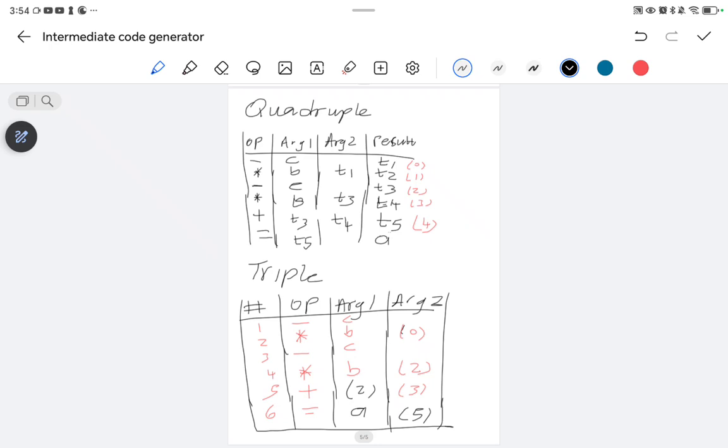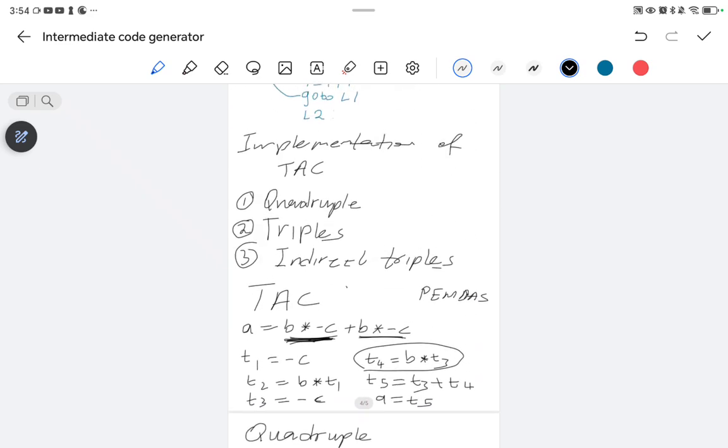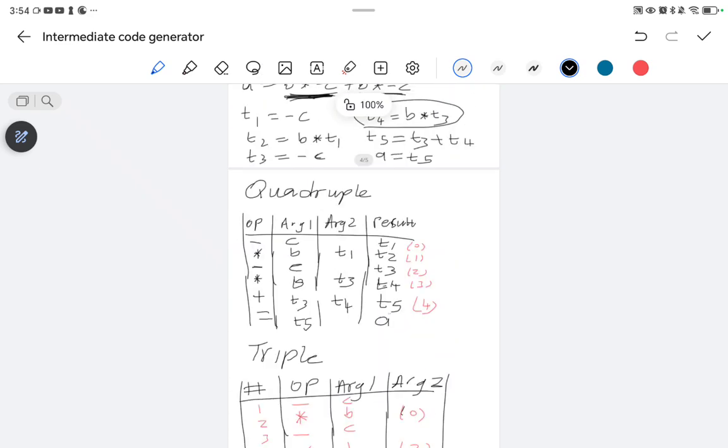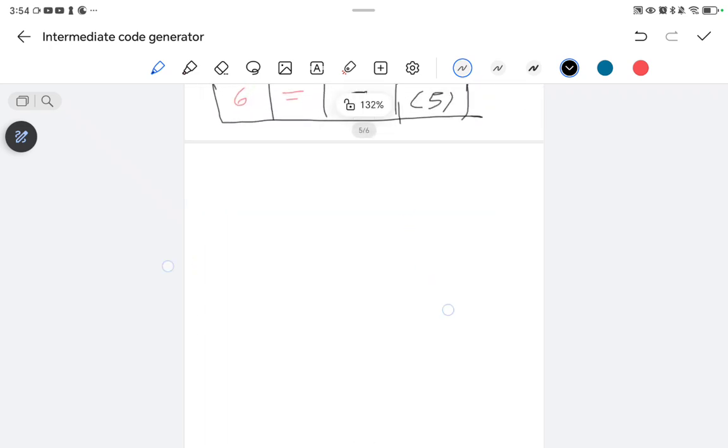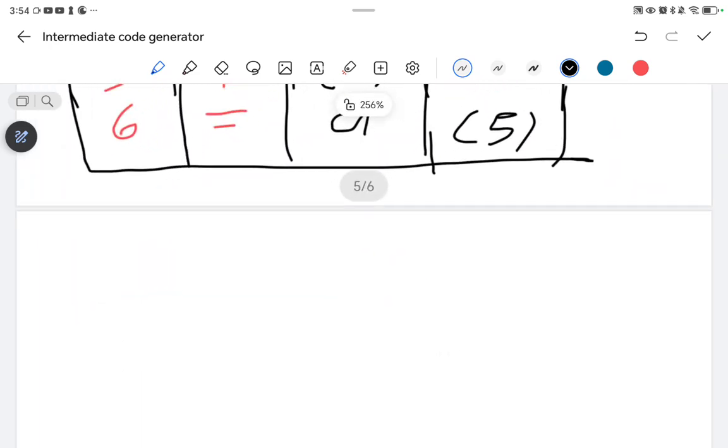So now we come to the next question, right? We have done a quadruple and a triple, but I won't do the indirect triple one. So now we come to the second expression that we have here.